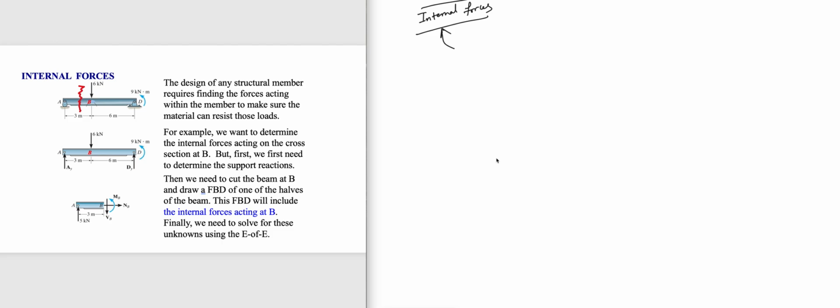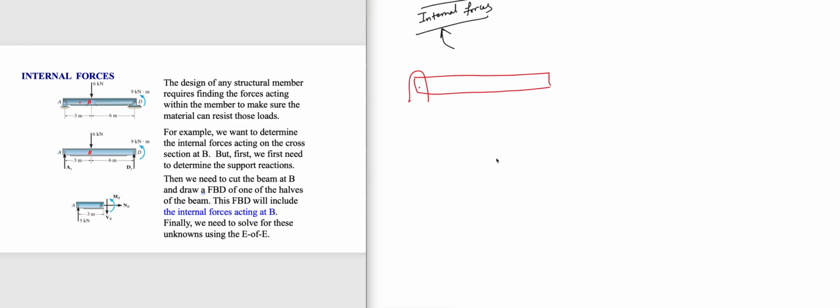For example, in this case, there is a loading on AB. So let me draw AB on the right hand side. So there is AB, and at A you don't have a pin joint.